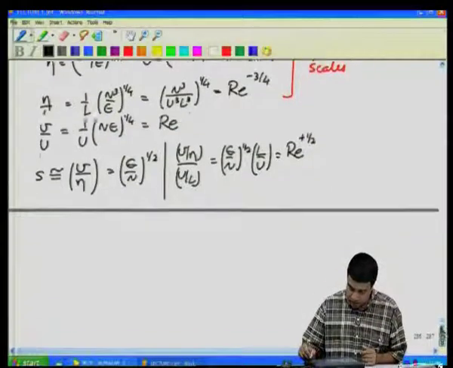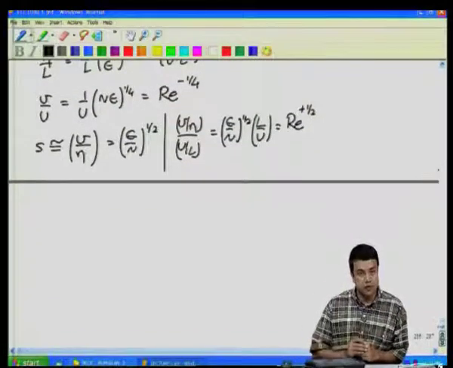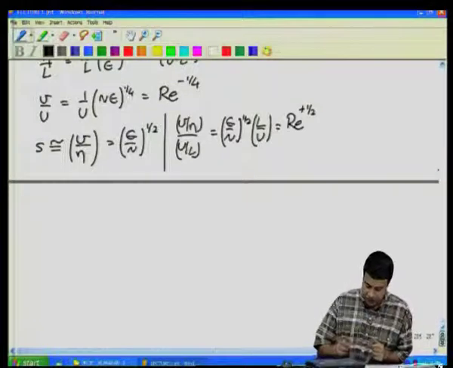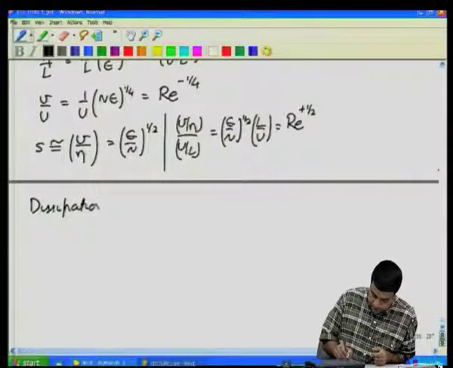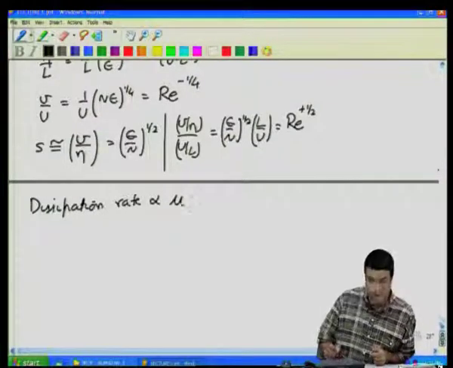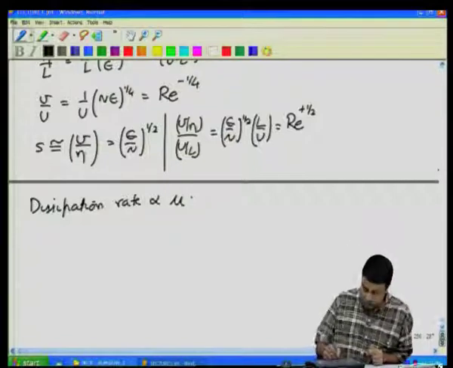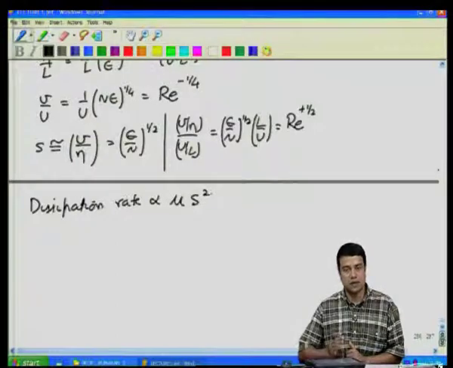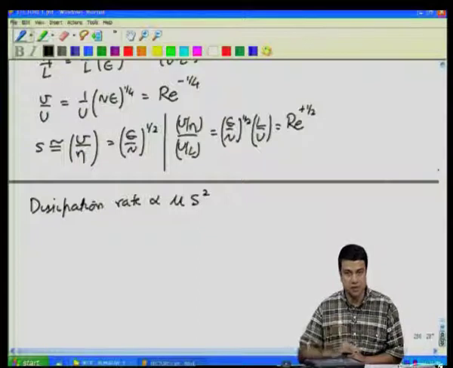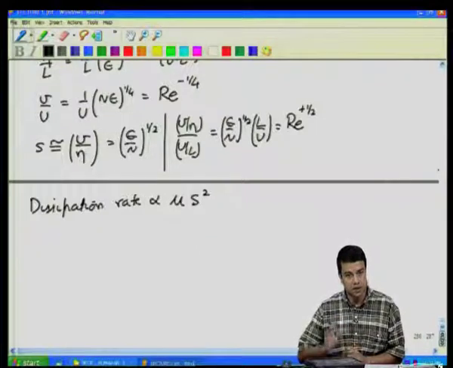So, this is the strain rate. How about the energy dissipation rate? The energy dissipation rate is proportional to the viscosity times the strain rate square. As I said, the rate of dissipation of energy is equal to shear stress times strain rate, which is equal to the viscosity times the strain rate square. So, the ratio of strain rate in the small scale flow to the large scale flow is Re power plus half.